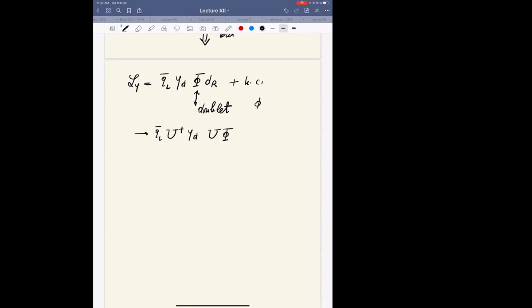So in other words, phi goes into U phi. dR is a singlet, and since U dagger U is 1, this is QL bar, Yukawa D phi dR. Very good. It has to be a doublet. This proves it.